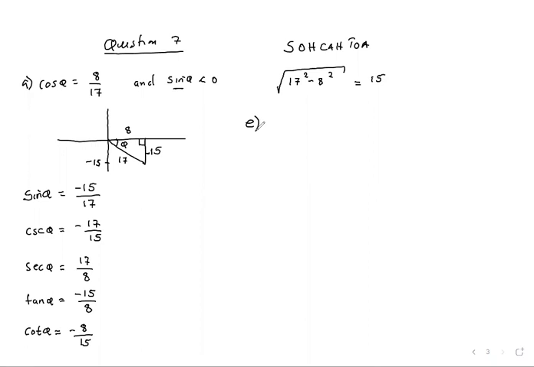Let me look for E. Where is E? E, cosec theta is equal to 2, and theta in quadrant 1, the first quadrant.